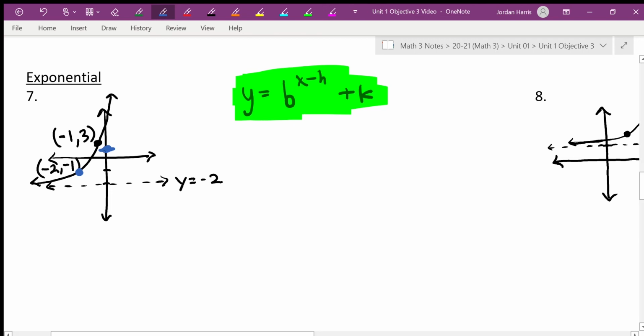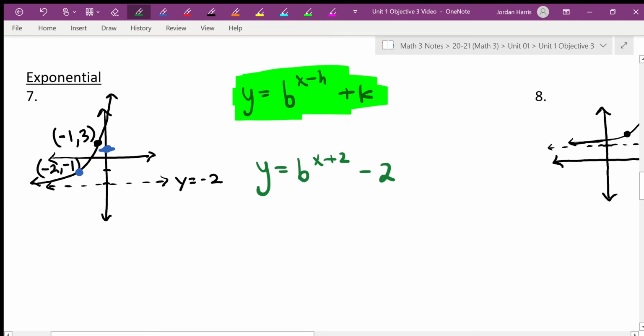So I'm going a shift of left 2, down 2. So y equals b^(x + 2) - 2. Be careful, make sure you're shifting from 0, 1, our key point for exponentials. So left 2, down 2.